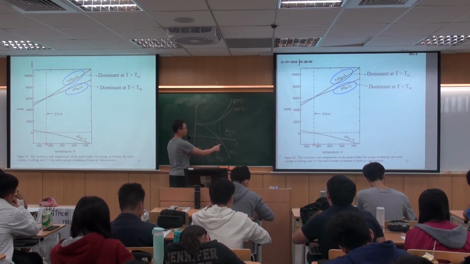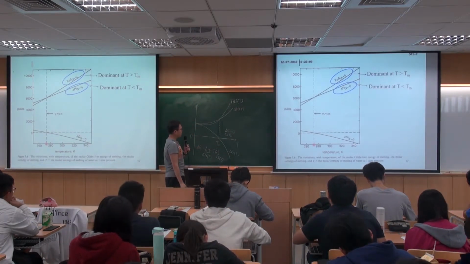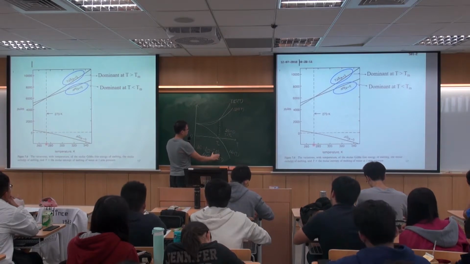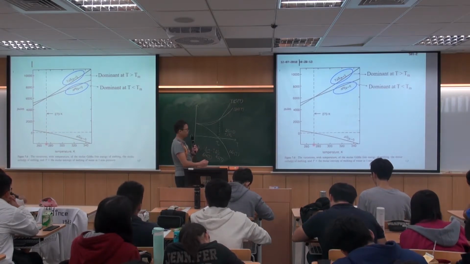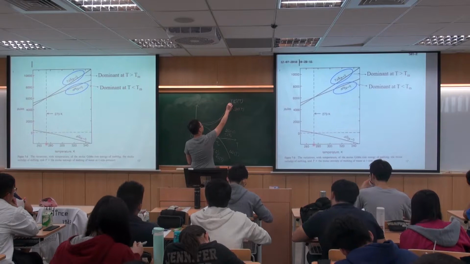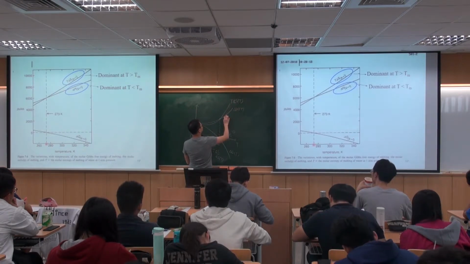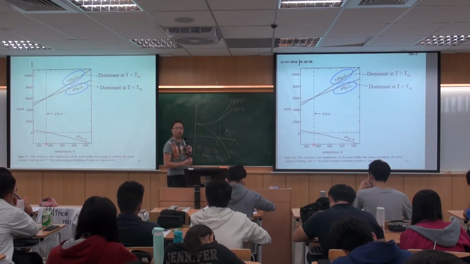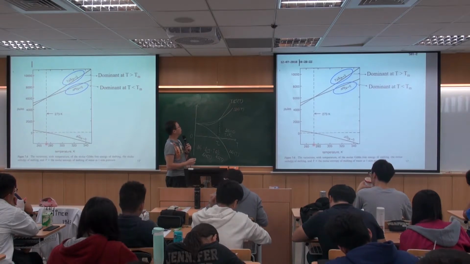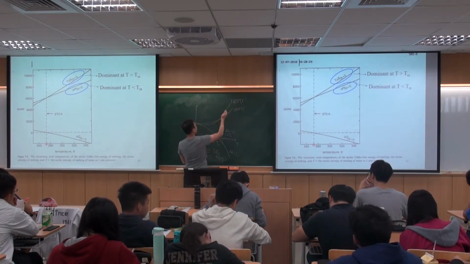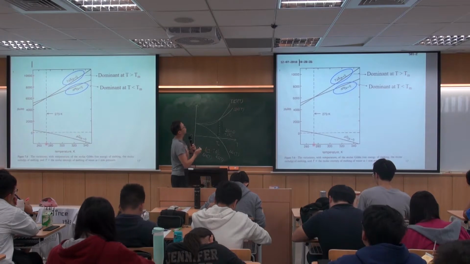It should be a negative number. And therefore, T delta S should be greater than delta H when the temperature is above the melting temperature, right? So this curve should go up and go beyond delta H.